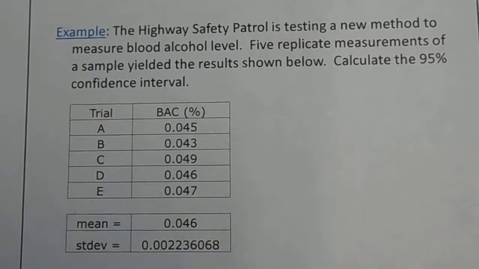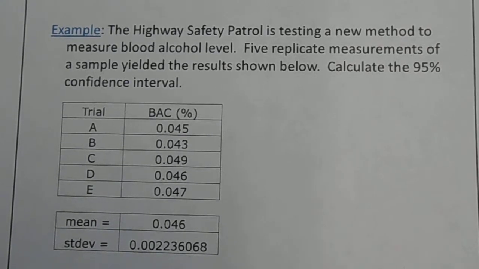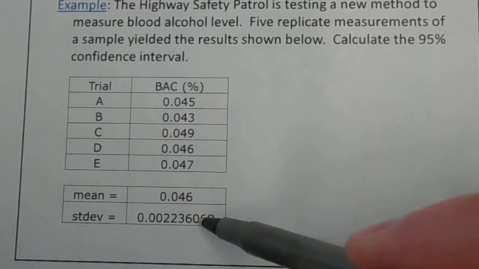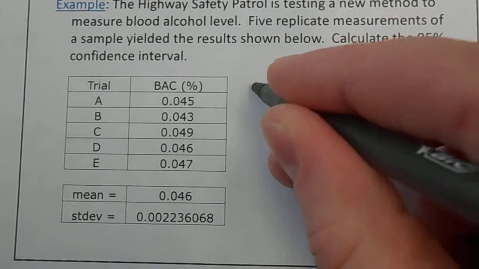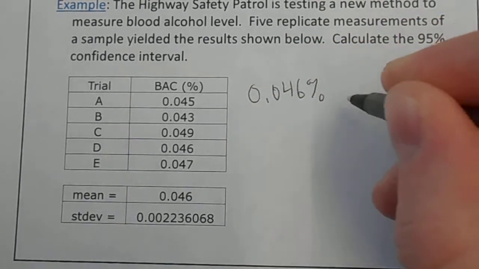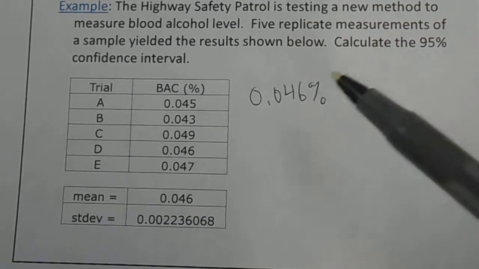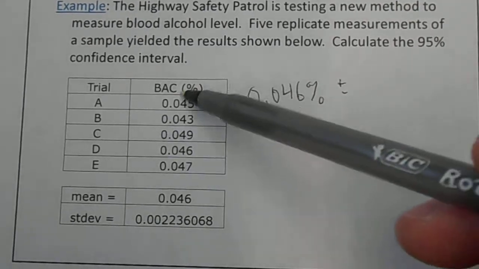Alright, so the Highway Safety Patrol is testing a new method to measure blood alcohol level. We have these 5 replicate measurements. We have our mean and our standard deviation. Our mean would be 0.046%, plus or minus t. Now our t from the table we just looked at depends on the degrees of freedom.